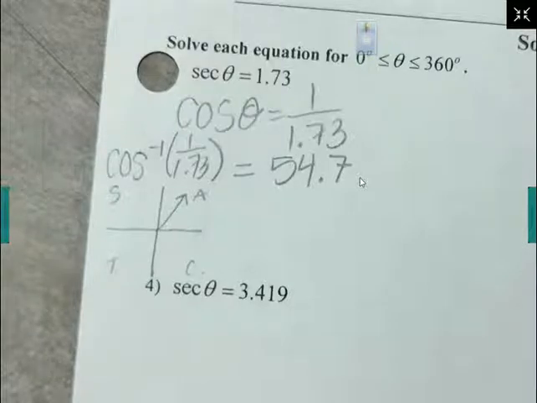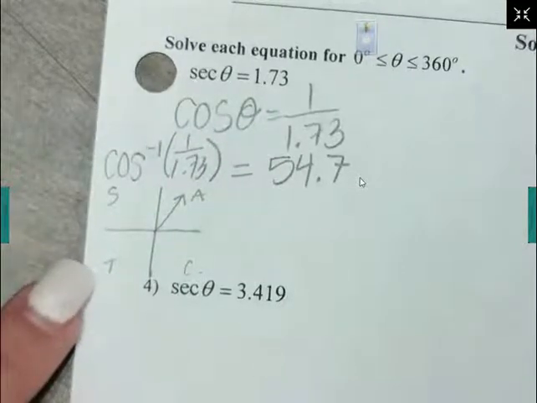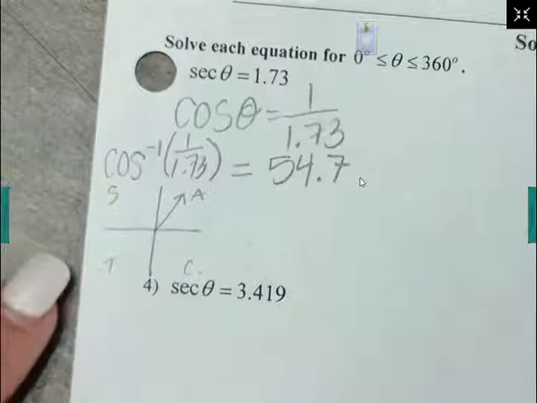Because you said it earlier. What are we looking for to be positive or negative? Okay, what's positive? We want cosine to be positive. Yeah. Now, in this quadrant where the T stands for only tangent is positive, do you think that's the quadrant we're most interested in? No.